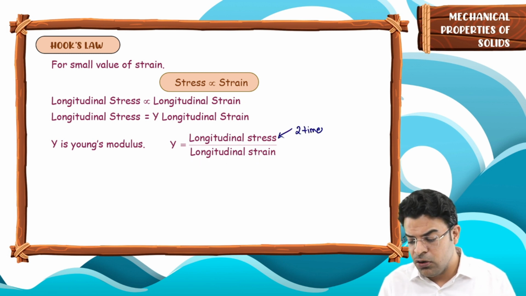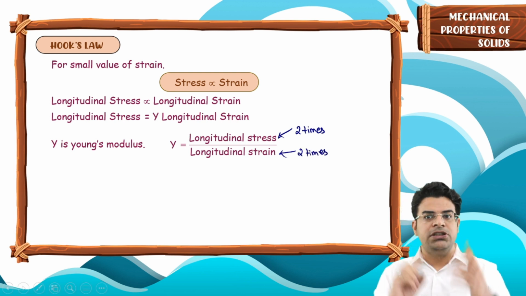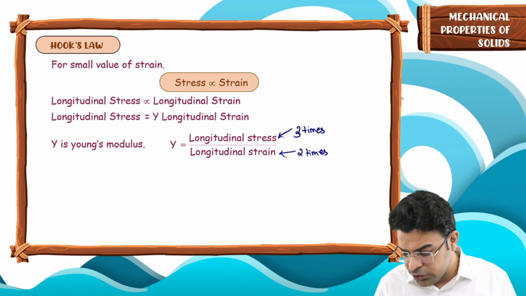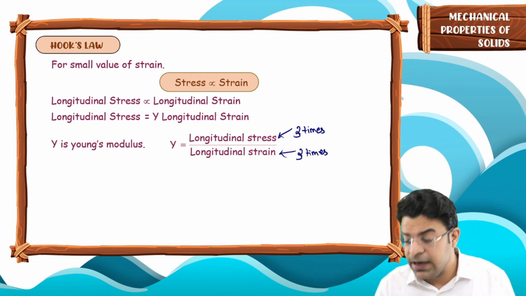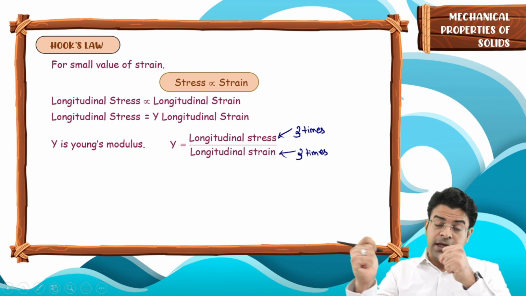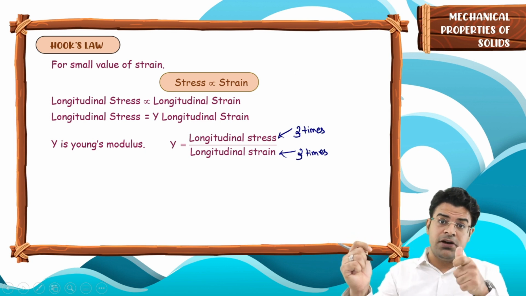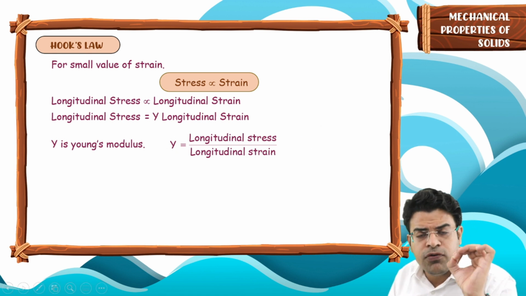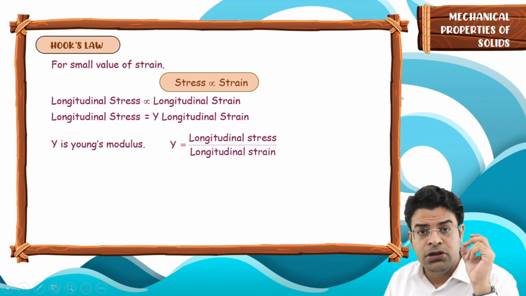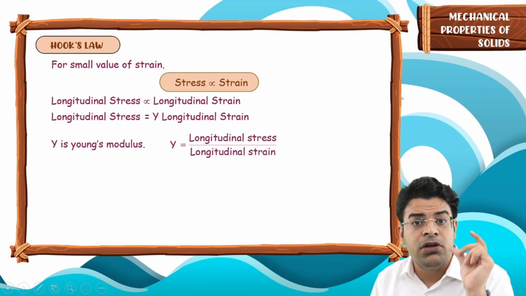On doubling the longitudinal stress, the longitudinal strain also becomes double, and the ratio remains the same. On tripling the longitudinal stress, if you apply 3 times the force, the change in length will triple. So the strain will triple, but the Young's modulus will remain the same. So Young's modulus of a material is independent of the longitudinal stress as well as of the longitudinal strain.